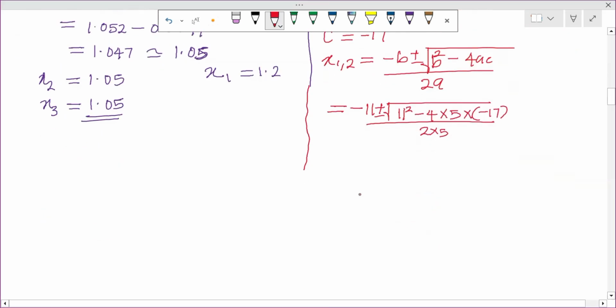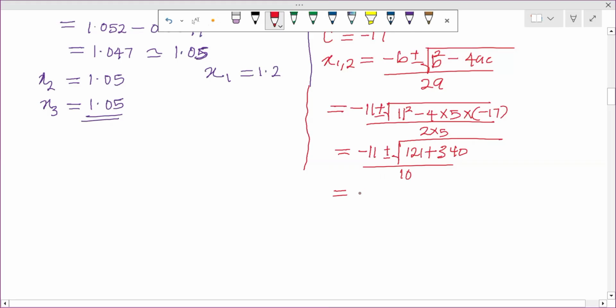Are we correct? So this will be equal to minus 11 plus or minus root of 121. Is that correct? Minus times minus will be plus. Then we add everything together. That is 4 times 5 times 17, which gives us 340. Everything divided by 10.